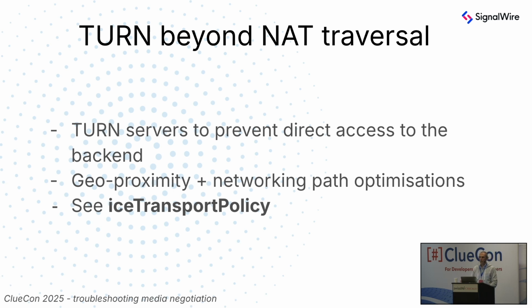And even TURN, theoretically, is used only for relaying, but it can also be used as a strategy for isolating the backend, reducing the number of IP addresses required, or doing something a little bit more clever in terms of putting the TURN servers closer to the browsers and optimizing the distance between the browsers and the beginning of our network.